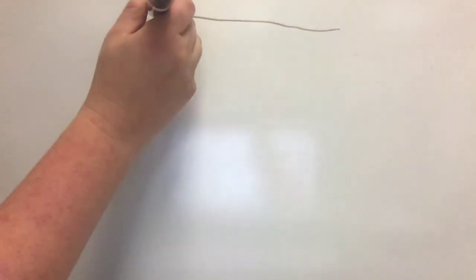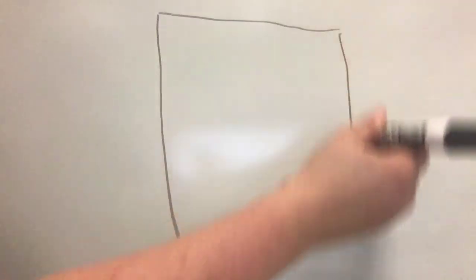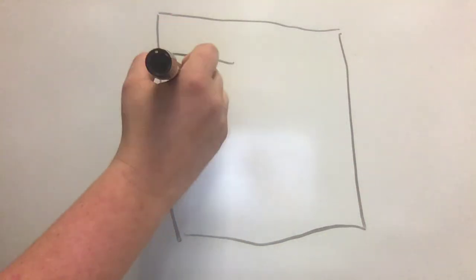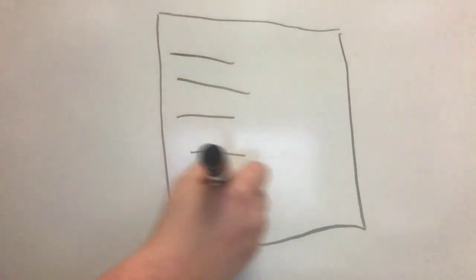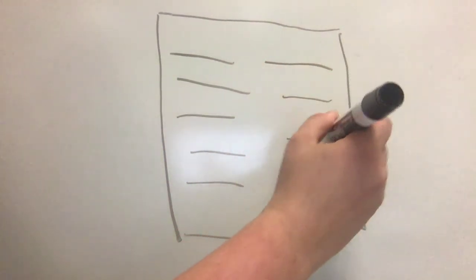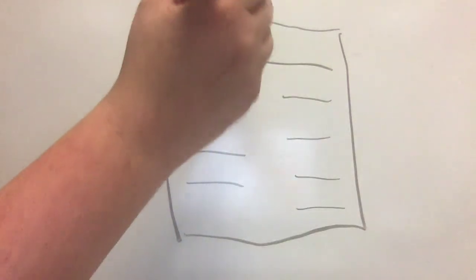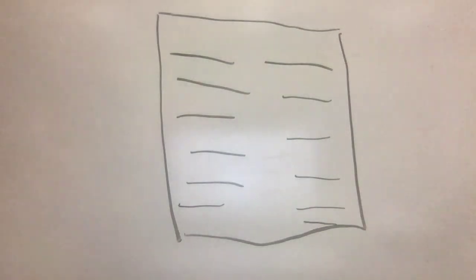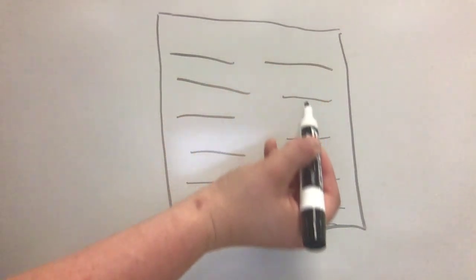Then, when you're all done, you are going to use the other side of your lined paper. You should have paper from the other day that looks like this. The other day, you filled out this side with words. Today, you're going to be writing words with your pencil on this side.